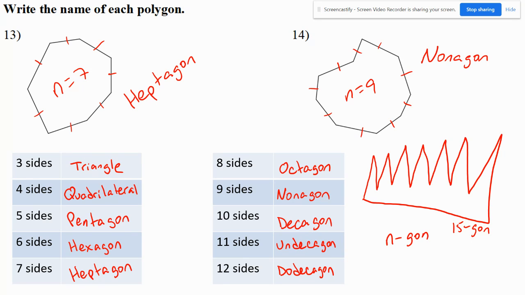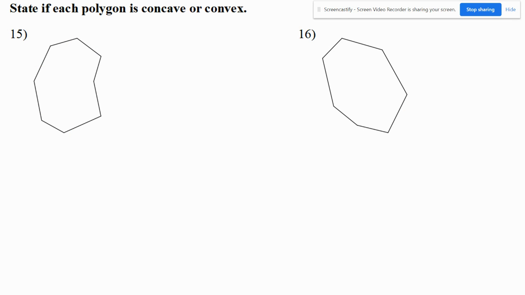Another thing that polygons have is what we call concave or convex. There's something that we call a diagonal. A diagonal in a polygon is when I connect two corners, I connect two vertices. A corner is a vertex, plural is vertices. So when I connect two corners, with the exception of the sides, obviously, that is what we call a diagonal.